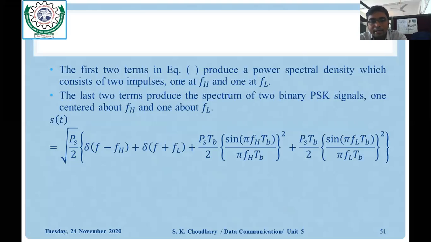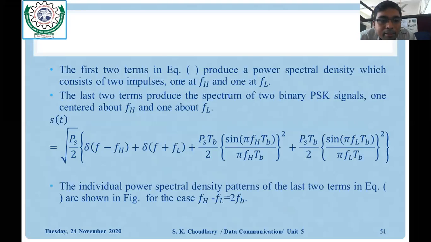Further, you have to write the power spectral density as square root of PS/2 delta of F minus FH plus delta of F minus FL, that is, the first 2 terms represent the 2 impulses, one at FH, another at FL, plus PSTB/2 sinc function, sine pi FH TB upon pi FH TB whole square, plus PSTB/2 sine pi FL TB upon pi FL TB whole square.